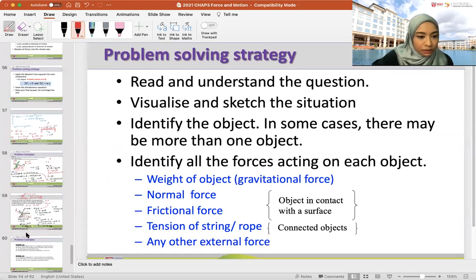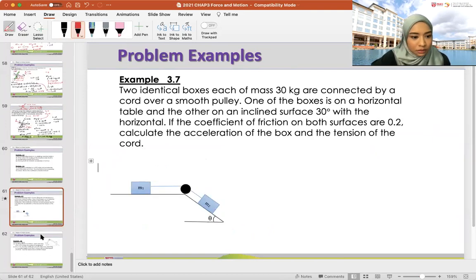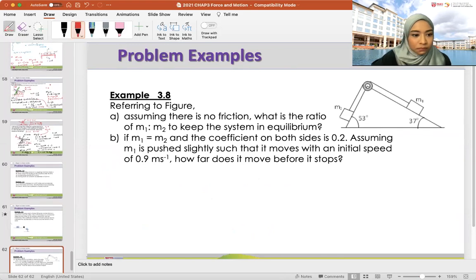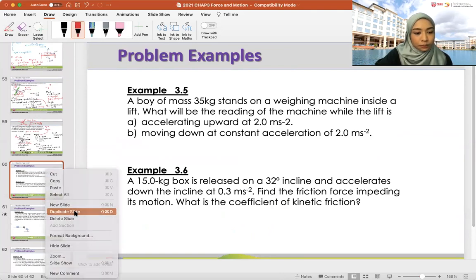So let's take a look at an example. Let's do the easier one first, example 3.6.